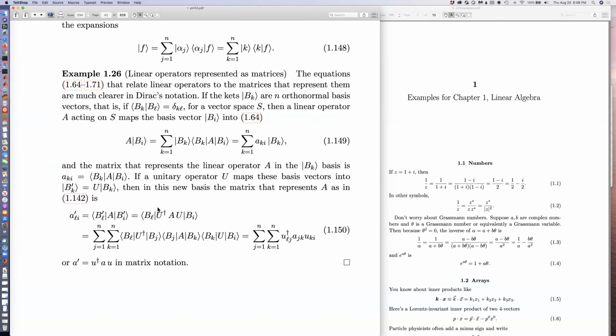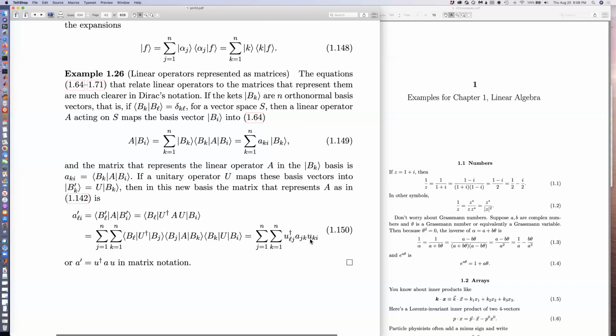And if we take the adjoint there, then we get this expression where we're summing over k and j up to N. And this is a number, this is a number, this is a number, and this is matrix multiplication. And you can see this is the unitary matrix. Well, I haven't explained why it's unitary, but it is.